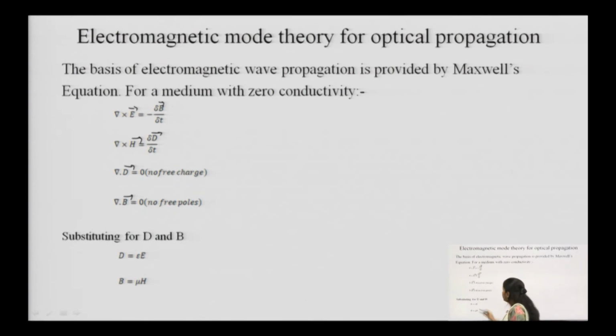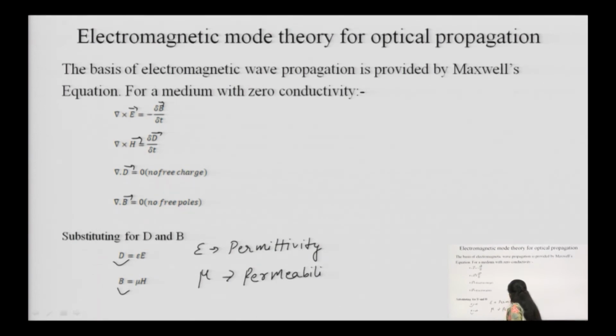And as we know, D is equal to epsilon E, B is equal to mu H. Epsilon is our permittivity and mu is our permeability. These are the 2 properties of a material which we use for the propagation purpose.